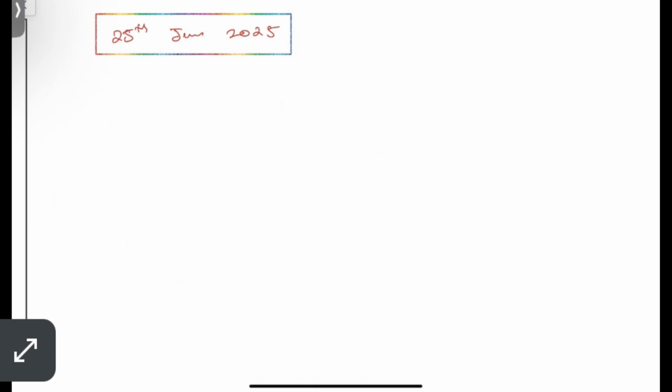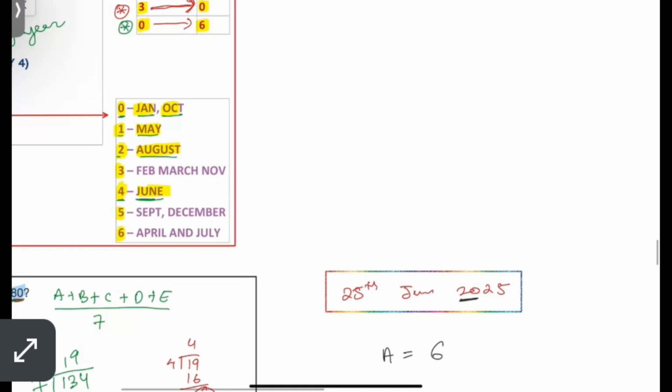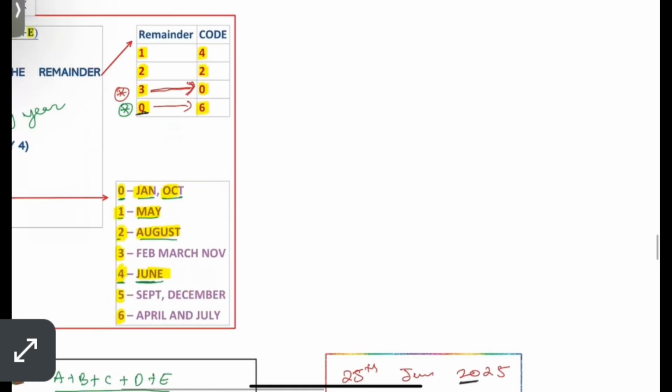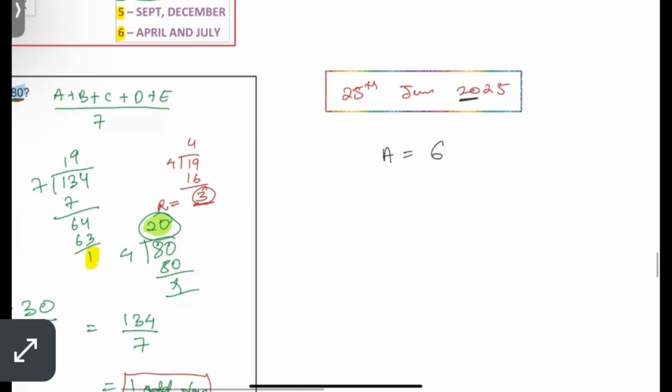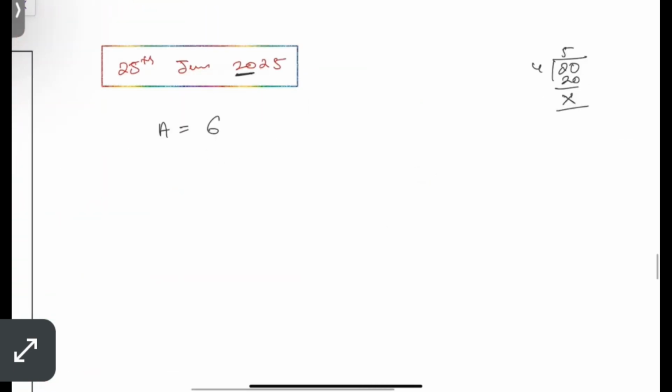A was the first two digits of the year, 20, divided by 4. 4 5s are 20. The remainder is 0. If the remainder is 0, the code is 6. That's what we have learned, so that's what I've written. The remainder here is 0, which means the code for A is 6.